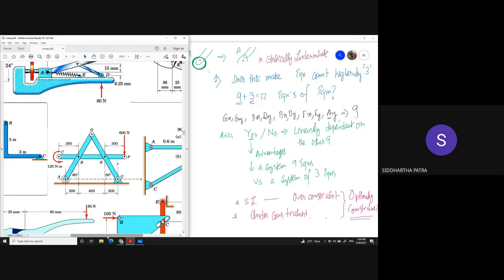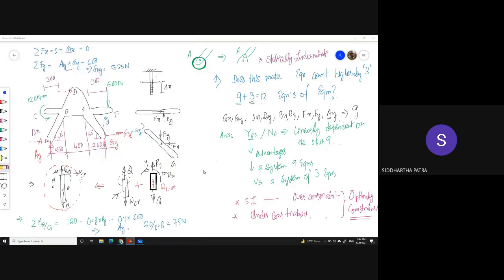Optimally constrained is the situation where your number of linearly independent equations matches your number of unknowns. So that part I'm trying to answer.